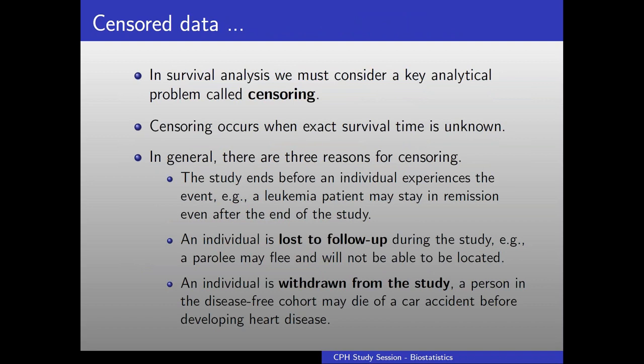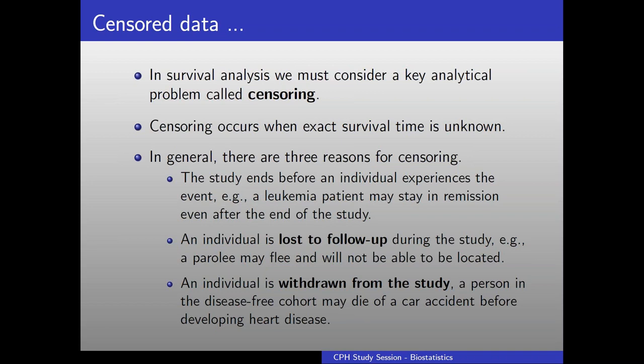People come into the study at different times. People experience events at different times. People may never experience the event. A leukemia patient in remission may never come out of remission. So when those things happen, we have to take care of that in our analysis. And that's handled by a concept called censoring.